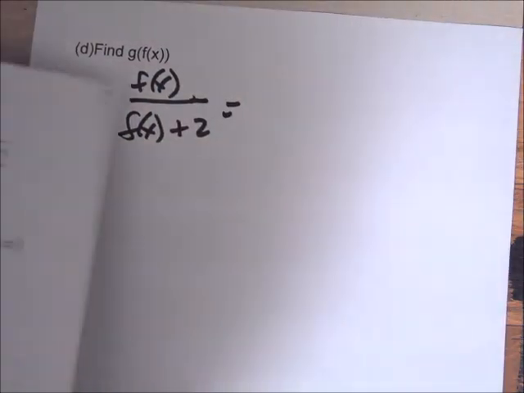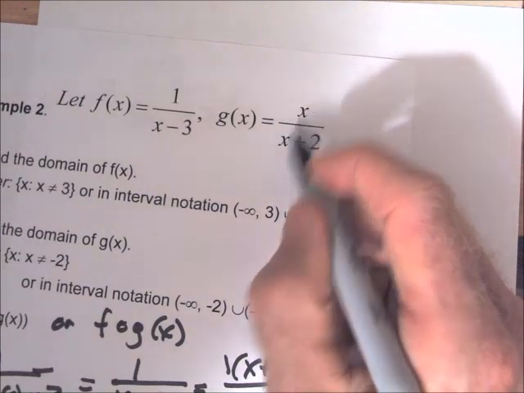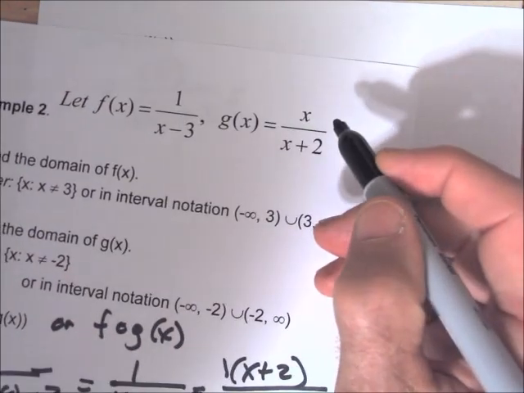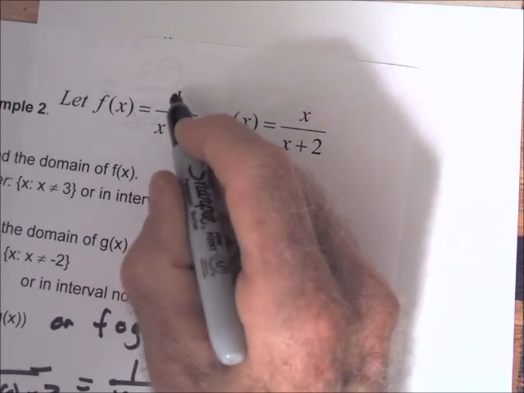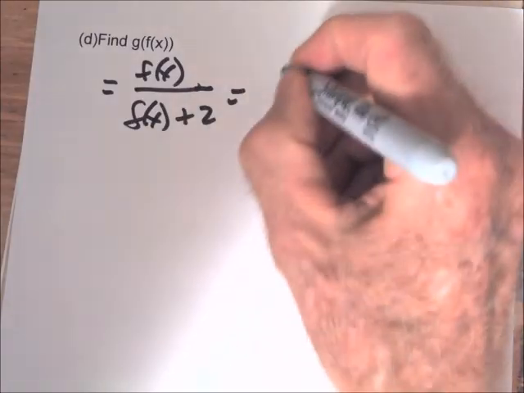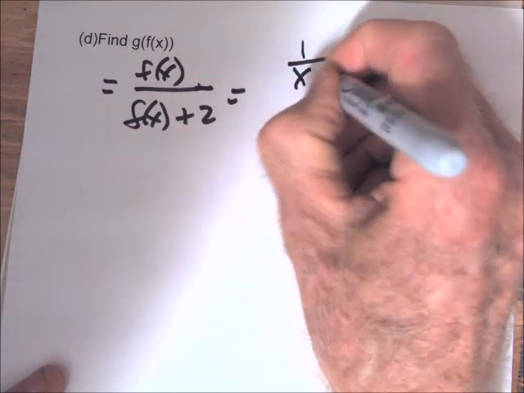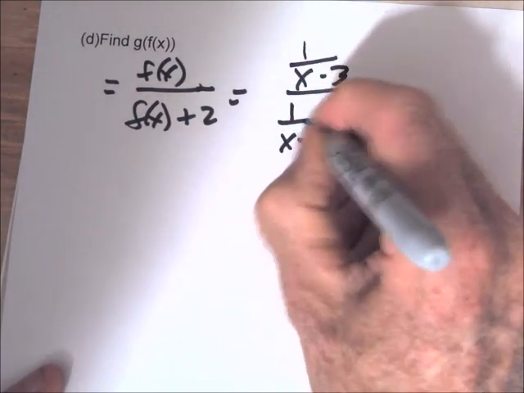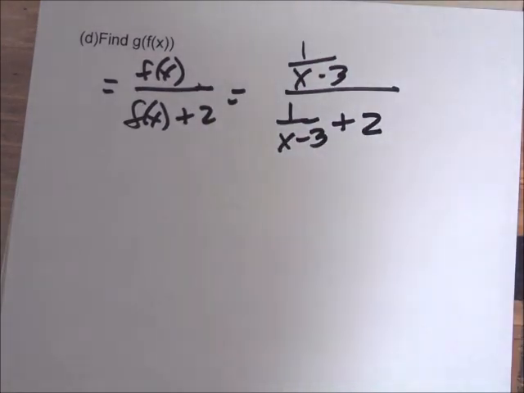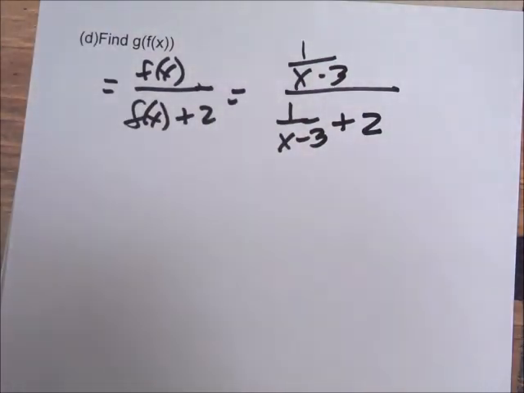So in the formula for g, just replace x by f of x. And then wherever we see an f of x, we want to write 1 over x minus 3. So this is going to be 1 over x minus 3 all over 1 over x minus 3 plus 2. So again, we have a fraction within a fraction, so it would be nice to simplify this.